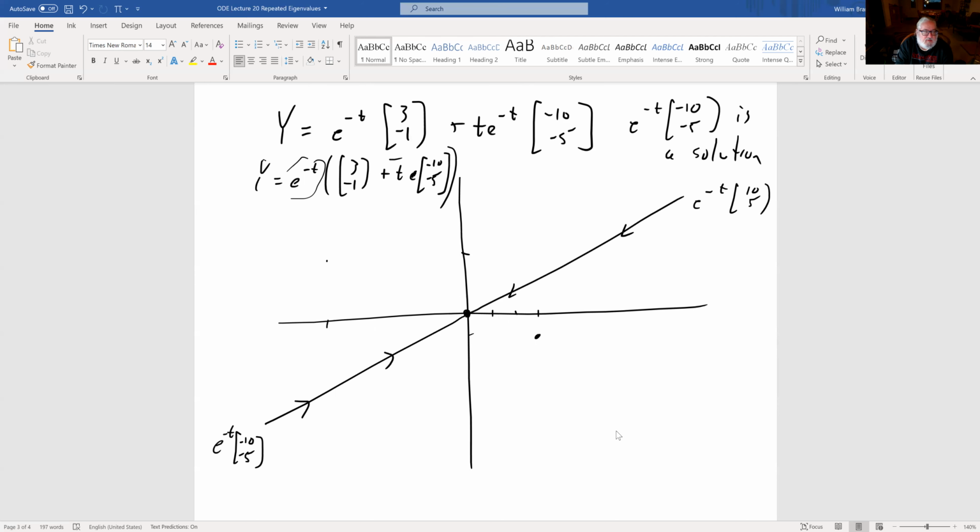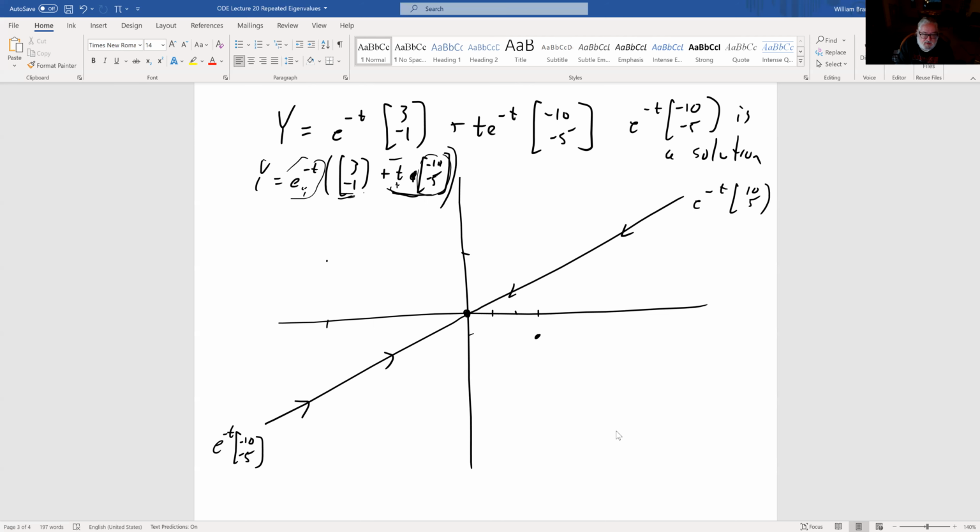But as t goes to minus infinity, this term will dominate, and we can ignore that one because this has got a t in it. That means we're actually going to come in tangent to minus of this vector.